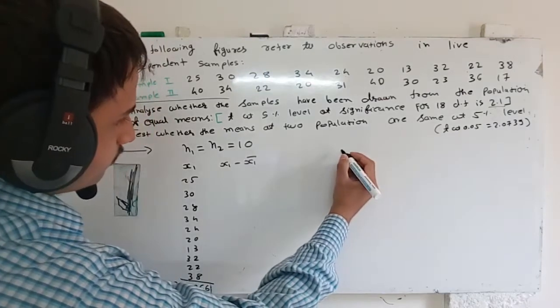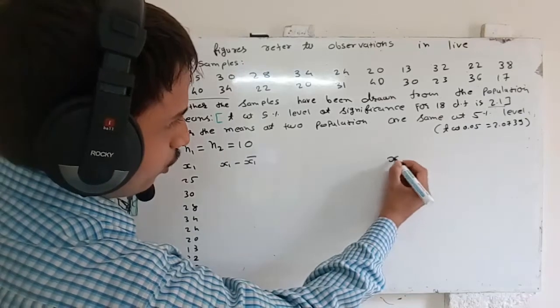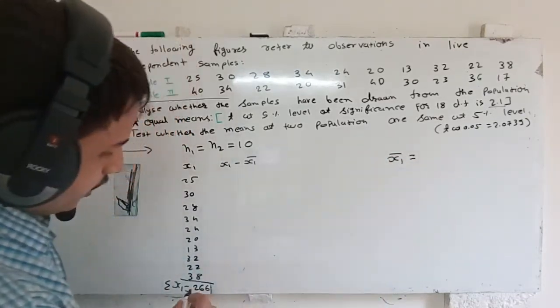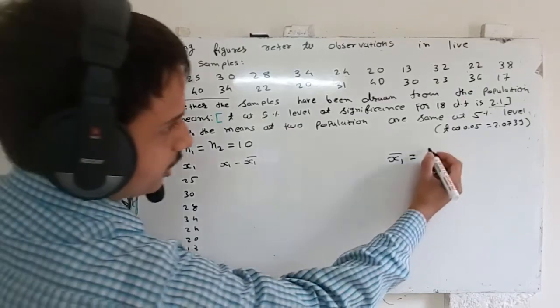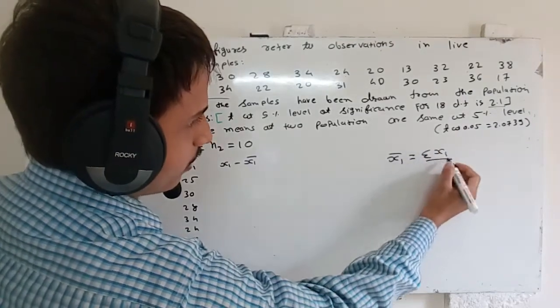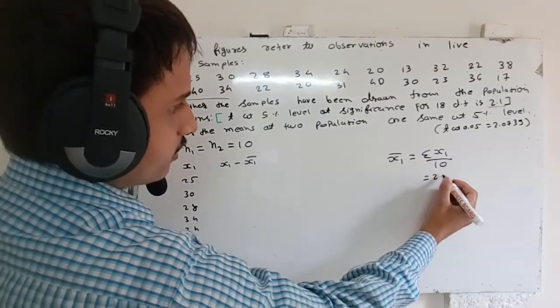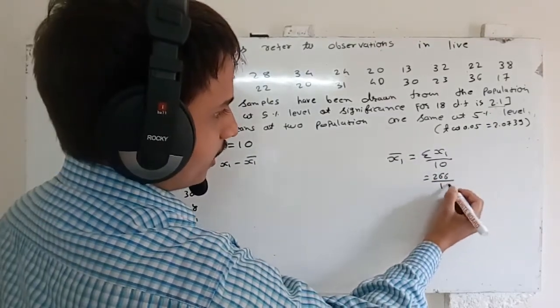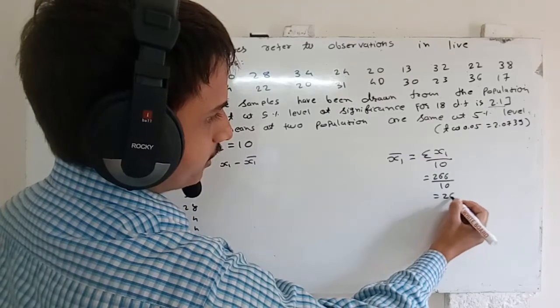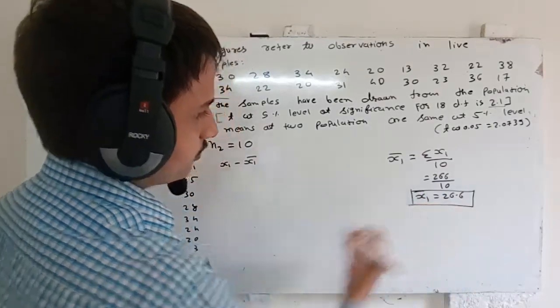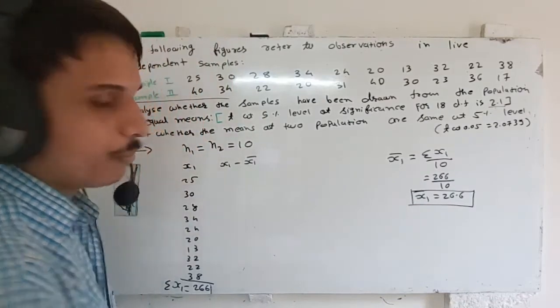Now in order to calculate the sample mean for sample 1, we will write this sum sigma x1 and divide by the total number of datas in sample 1. So 266 divided by 10 will be 26.6.